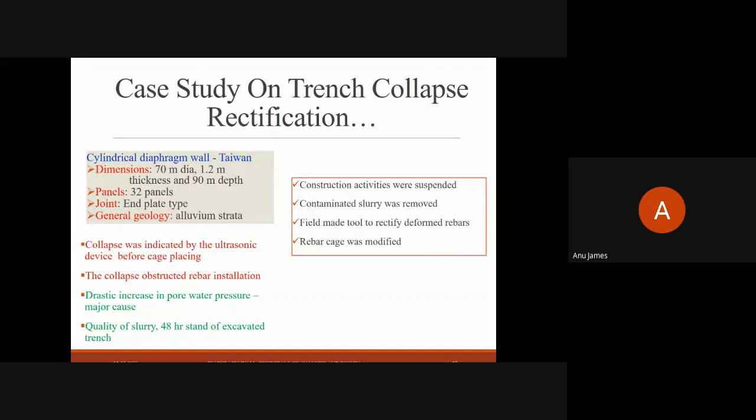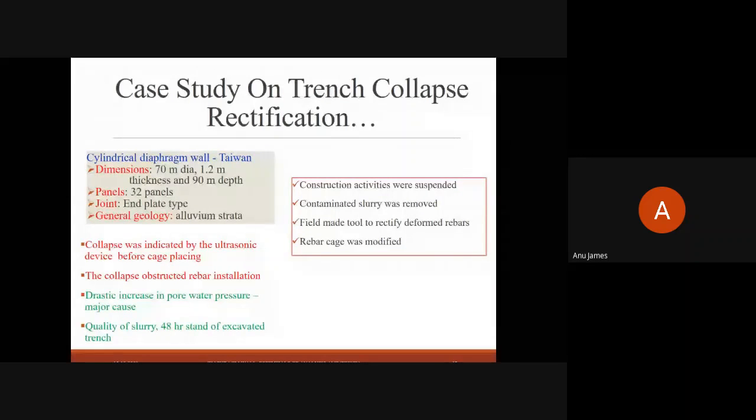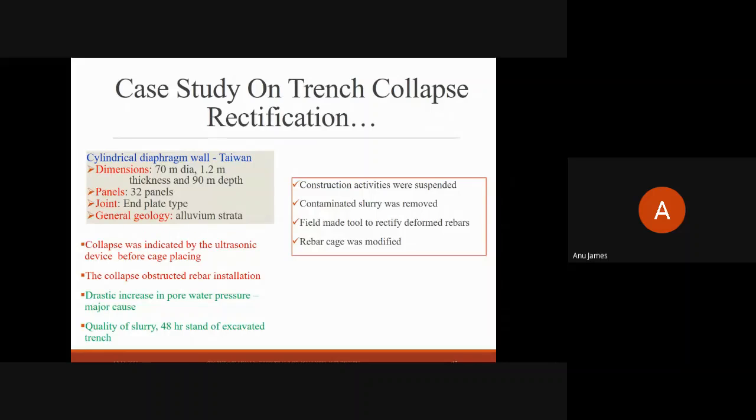This was detected, proper measures were taken, and the collapse was rectified, rebar cages were installed, and further excavation was possible. With timely action, the entire collapse of the system did not happen. So proper rectifying measures were taken in this case.